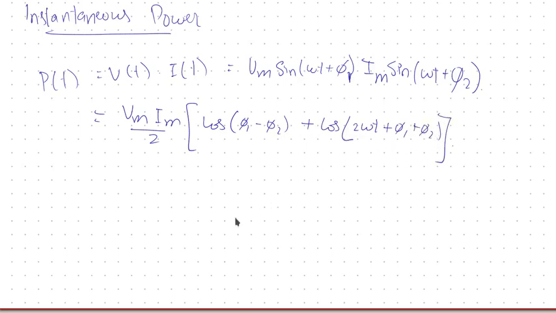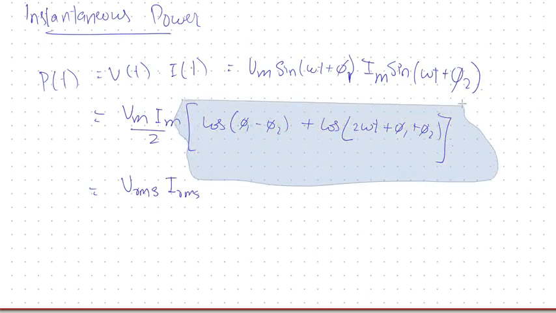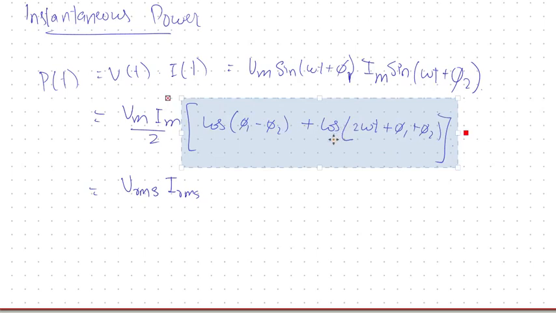Now Vm Im by 2 can be represented by splitting the root 2 for each of these, to get Vrms Irms times this thing.